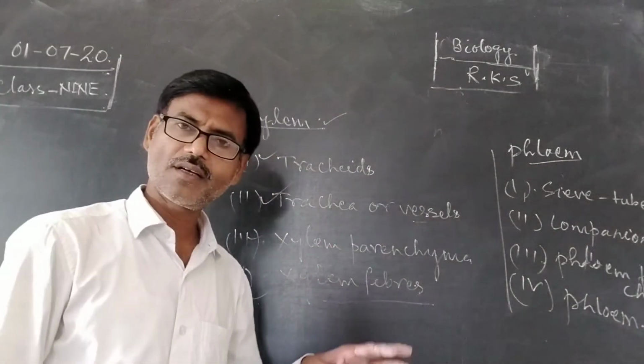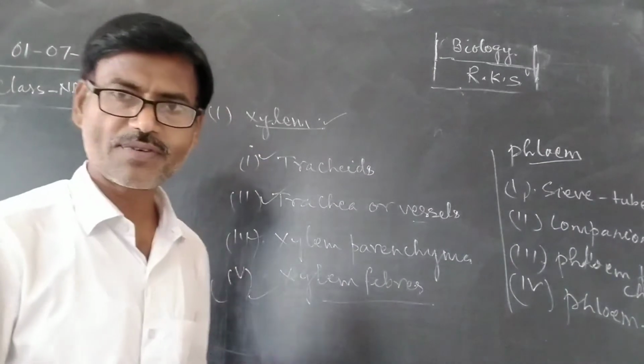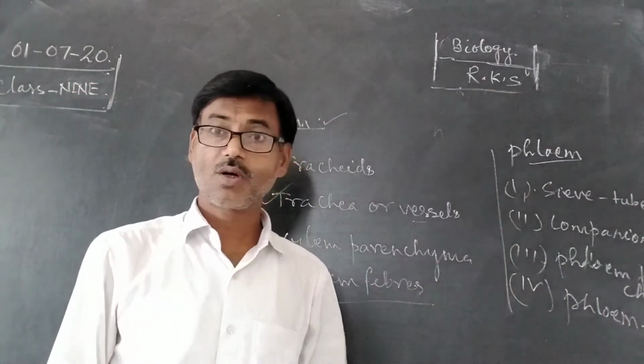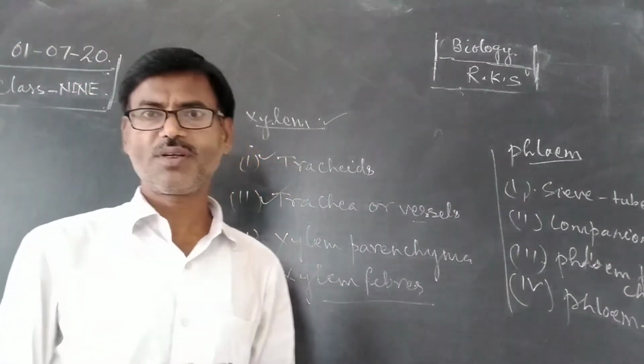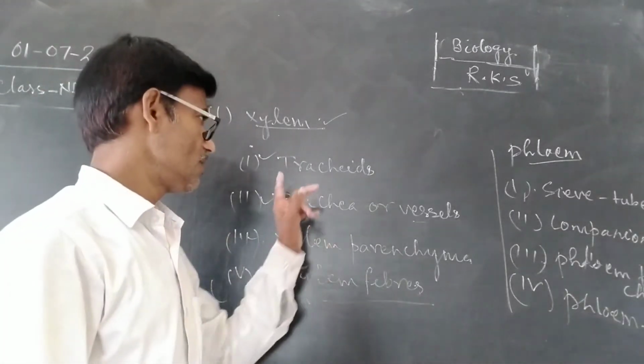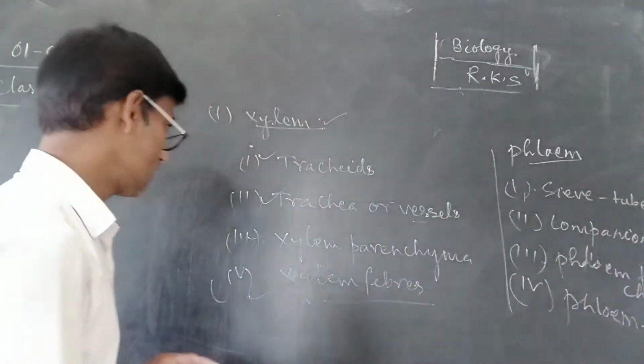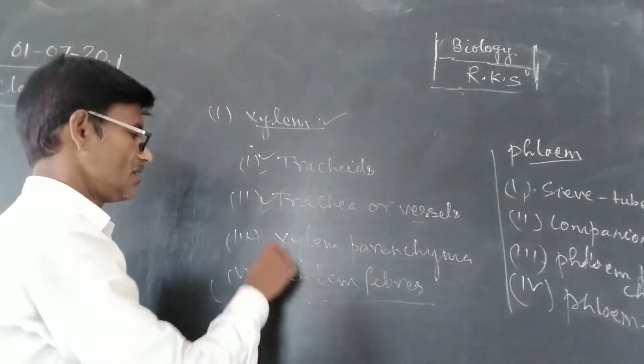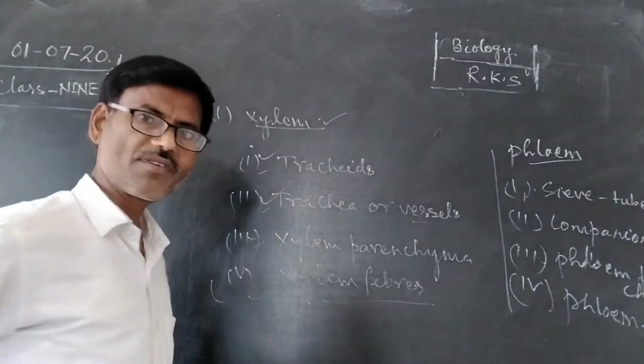I presented the cellular components of each of the two types of complex permanent tissue in plants. The components of xylem are tracheids, trachea, xylem parenchyma, and xylem fibers.